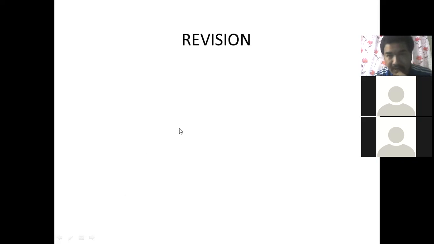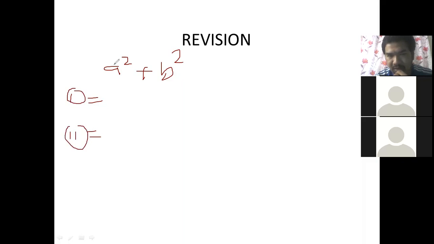Okay, now I want to ask you children one formula here. What is the formula that we use in this a square plus b square? We have its 2 formulas. Do you know what they are? This is not the factorization one.